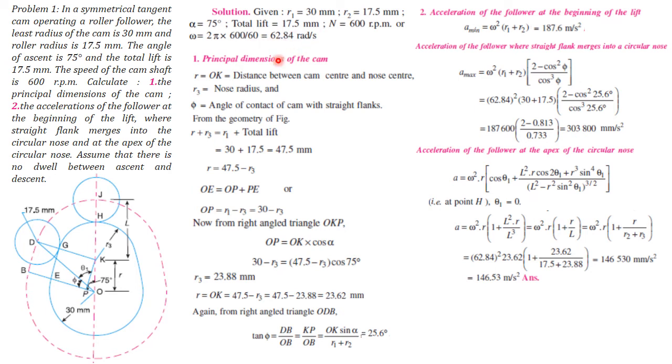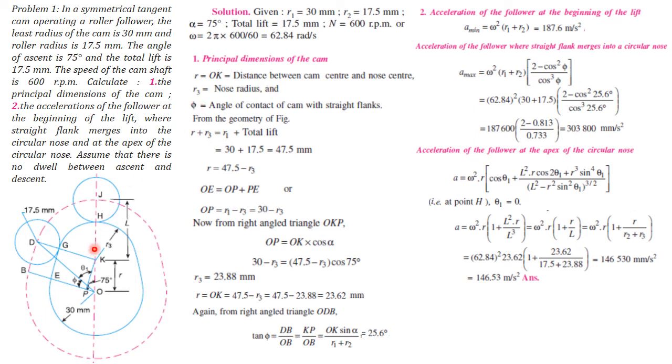Let us say small r is the distance between the two centers, that is OK, the distance between the cam center and the nose center.